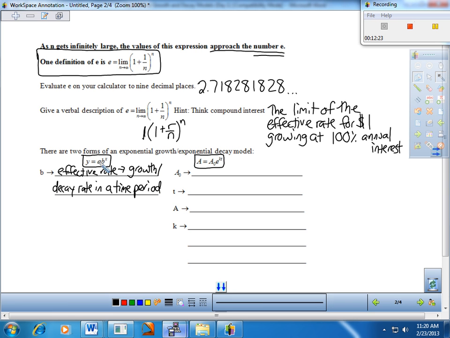Okay, now this base e, again the notation is a little different, but you'll see it syncs up very nicely. This a sub 0 is really the amount at time 0, or in layman's terms, just the initial quantity. So initial quantity. All right, good. t, of course, is the number of time periods.